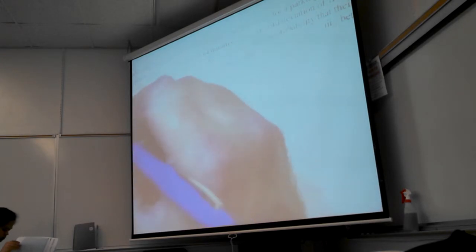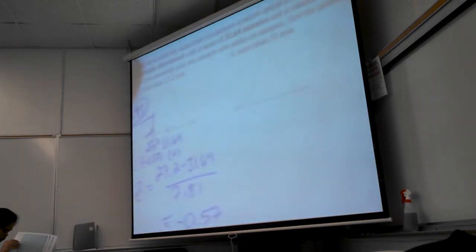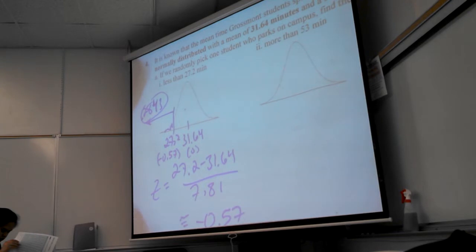So that means there's a little more than a 28% chance that a randomly selected student on Parson campus will take less than 27.2 minutes a week to find a spot. Because a huge part of statistics is being able to interpret what you just did. Getting the number is not good enough. Understanding what it means is more important, actually, in a way.